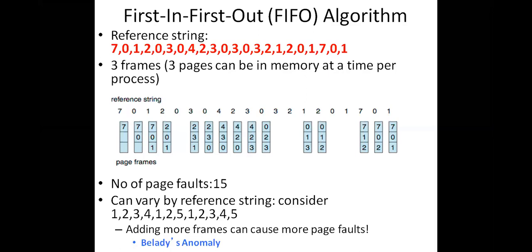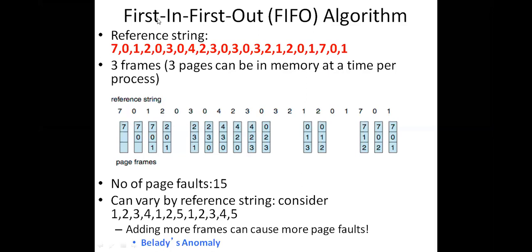So what you have to do? We need to replace with a new page now. Page 2 is required, but page 2 is not available in the main memory, so page fault. There is no free frame, so we need to replace page 2 with one of the pages already in the main memory.